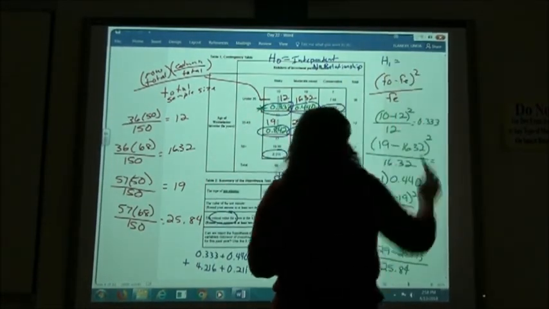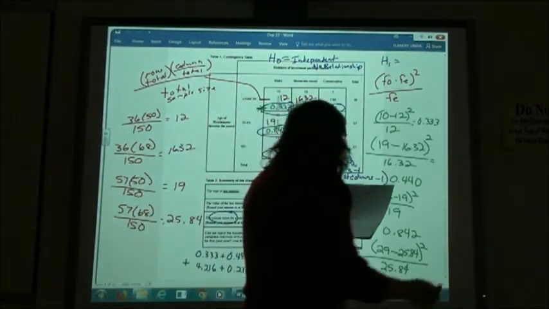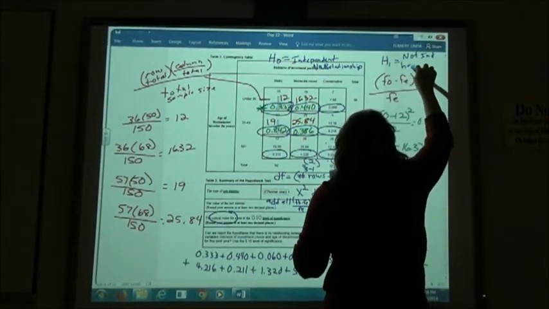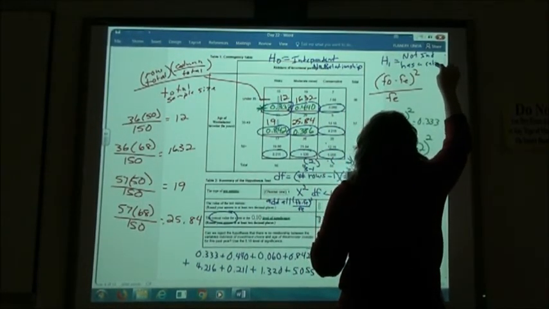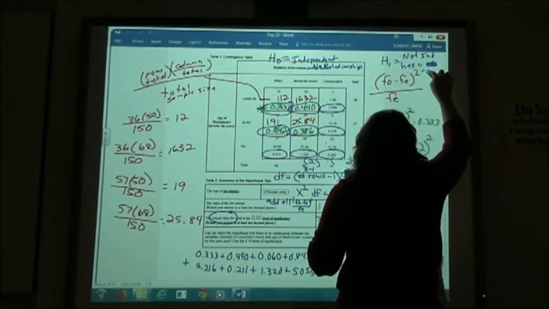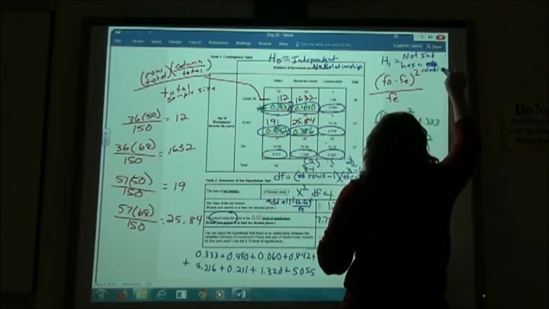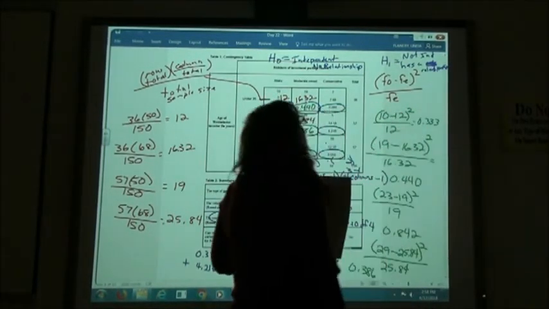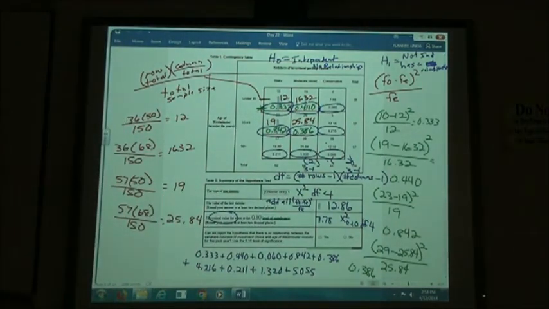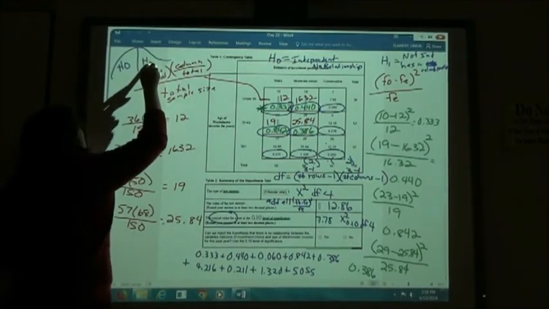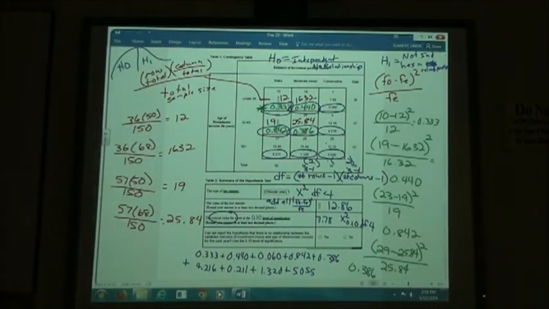My H1 is going to be that it is not independent, so has a relationship. So my null is that it's independent, doesn't have a relationship. My alternative is that it's not independent. Again, when we do these, my null is over here, and my alternative is going to be over to the right side.